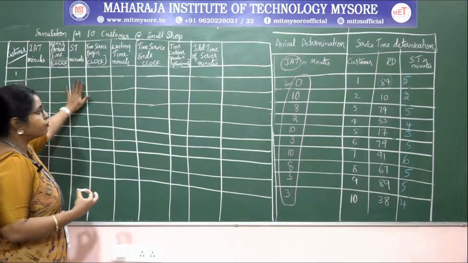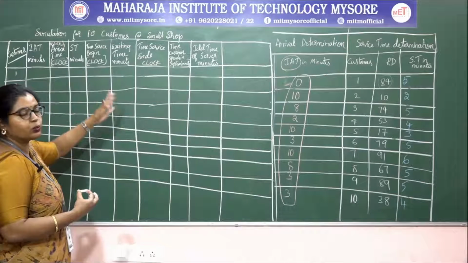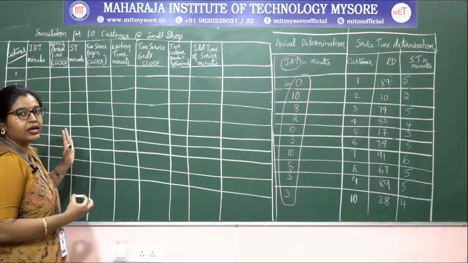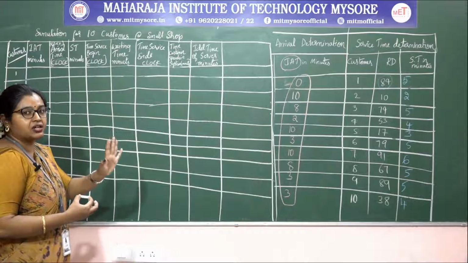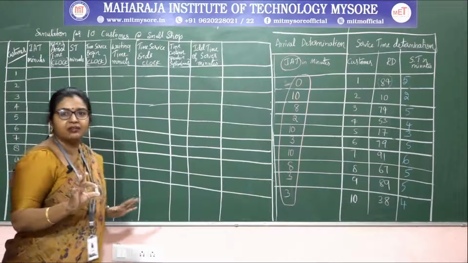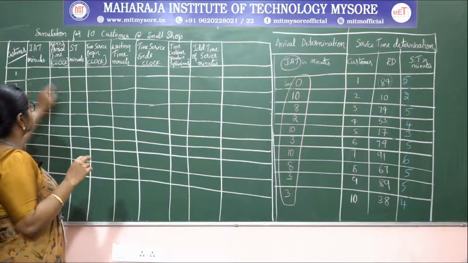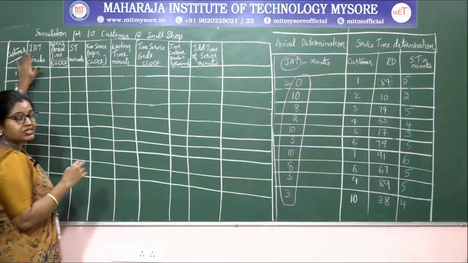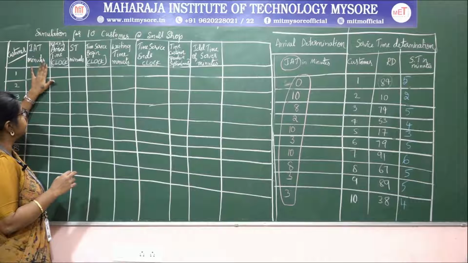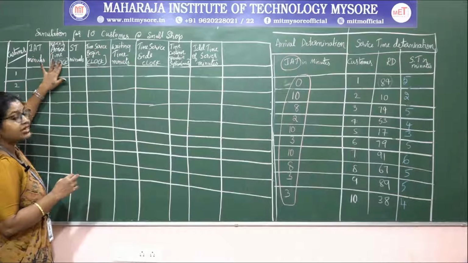Those two we need to fill up here, and the rest of the things we need to calculate now. Only addition and subtraction, nothing more than that. Now let us see what the columns are. First column customers, second column IAT in minutes, and then the arrival time.